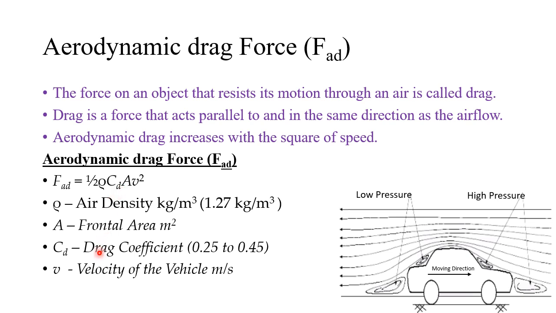Then CD means drag coefficient, that varies from 0.25 to 0.45. And V is the velocity of the vehicle, and it should be represented in meter per second. So that is the formula for calculating aerodynamic drag force.